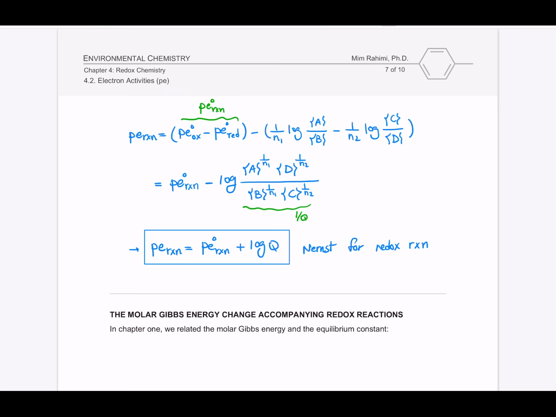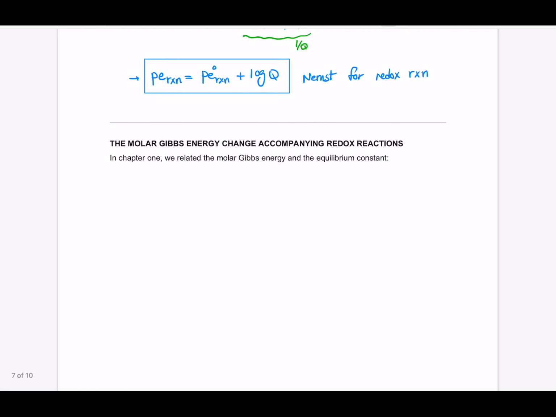So before we calculate for some examples, let's also connect this E0 and E to something that is also very useful, and that's basically delta G. So we want to calculate the molar Gibbs energy for a redox reaction as a function of what we had in this lecture, to connect it to PE or PE0.